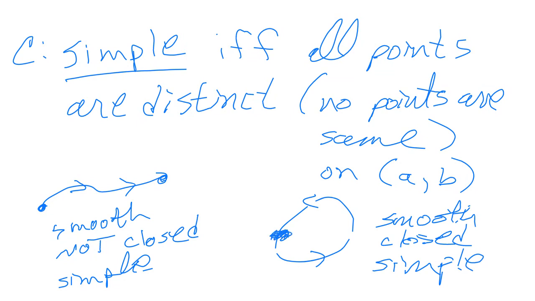Then you say, okay, what's an example of one that's not simple? Here. Because of this point right here, which I'll mark in a different color, two different inputs give that as an output, right? So two different values of t would give that point.